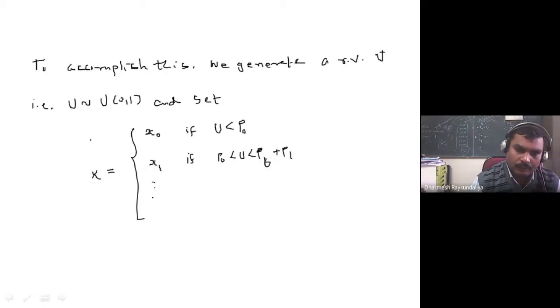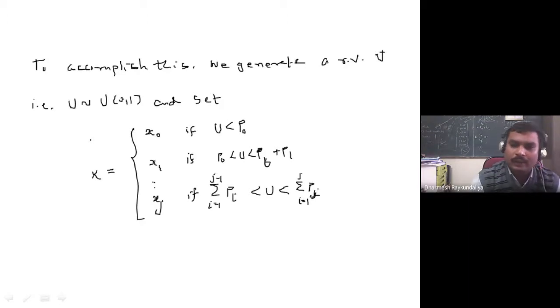Likewise, x takes value xj if u lies between the cumulative probability sum of pi, i equal to 1 to j minus 1, and sum of pi, i equal to 1 to j.